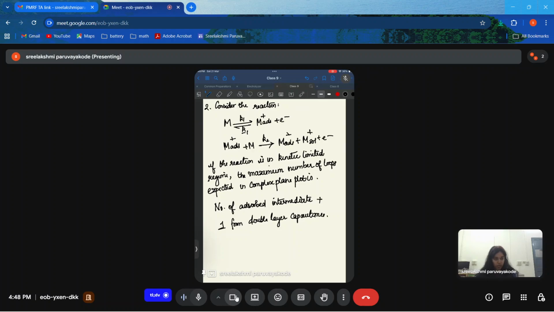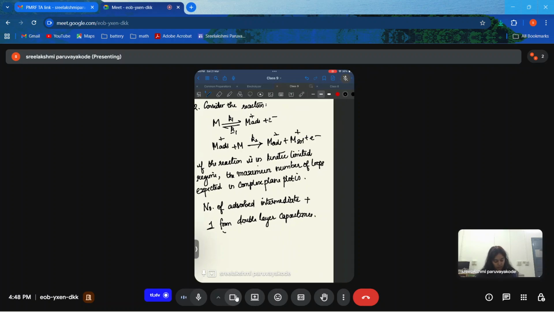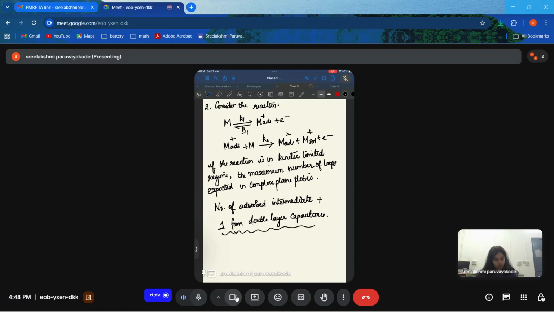So irrespective of any reaction, one of them will be coming from this. Additionally, how many adsorbed intermediates are there? So here, one adsorbed intermediate, which is M adsorbed, plus one from the double layer capacitance. So totally it is 2.